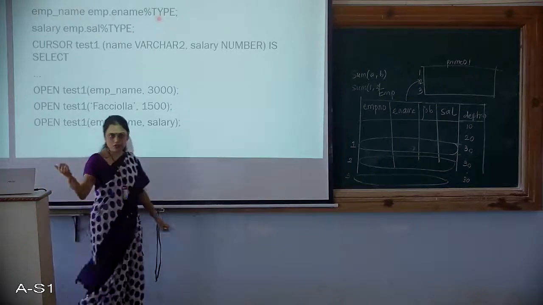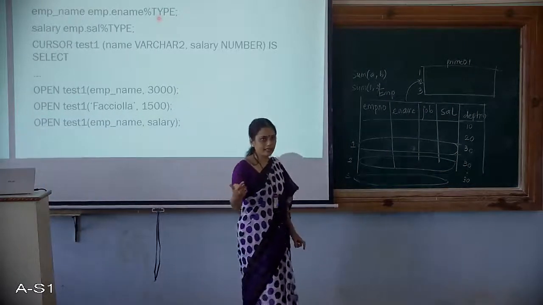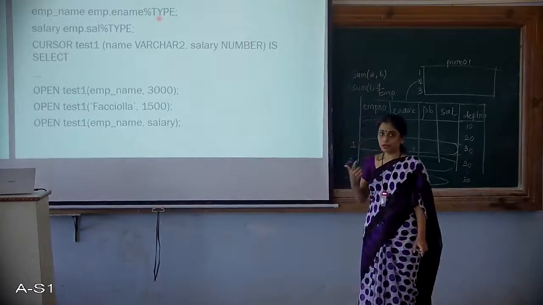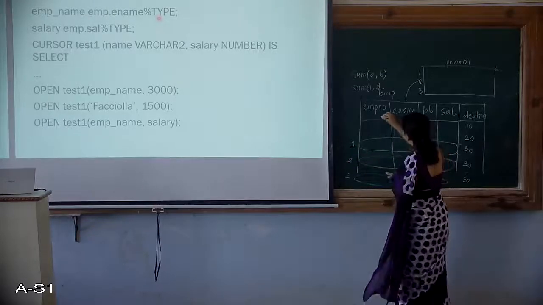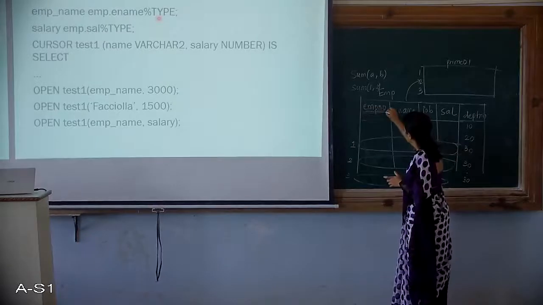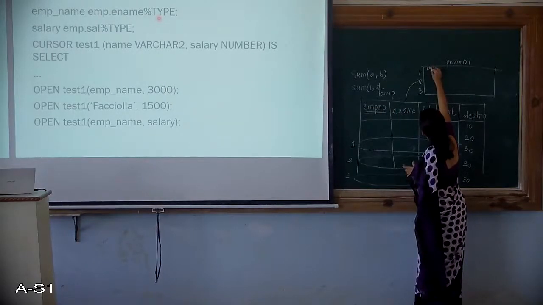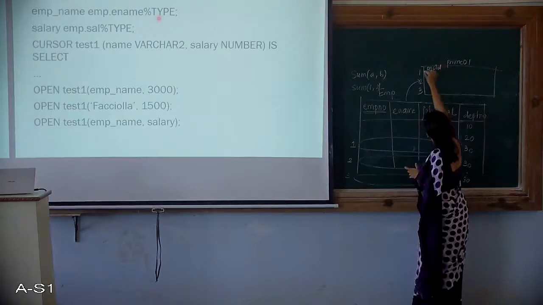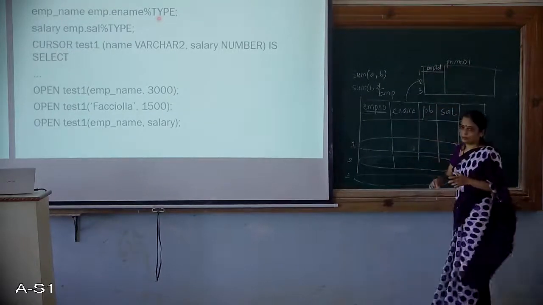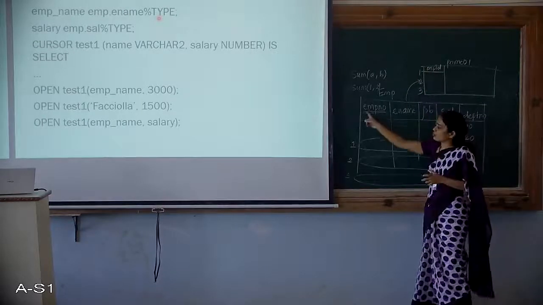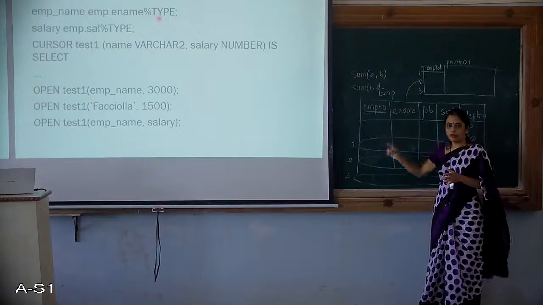There are a couple of attributes which I'll be discussing in the coming slides, and one of the attributes is type. For example, I want to store EMP number in the EMP ID column of the cursor, and this data type has to be equal to that data type.